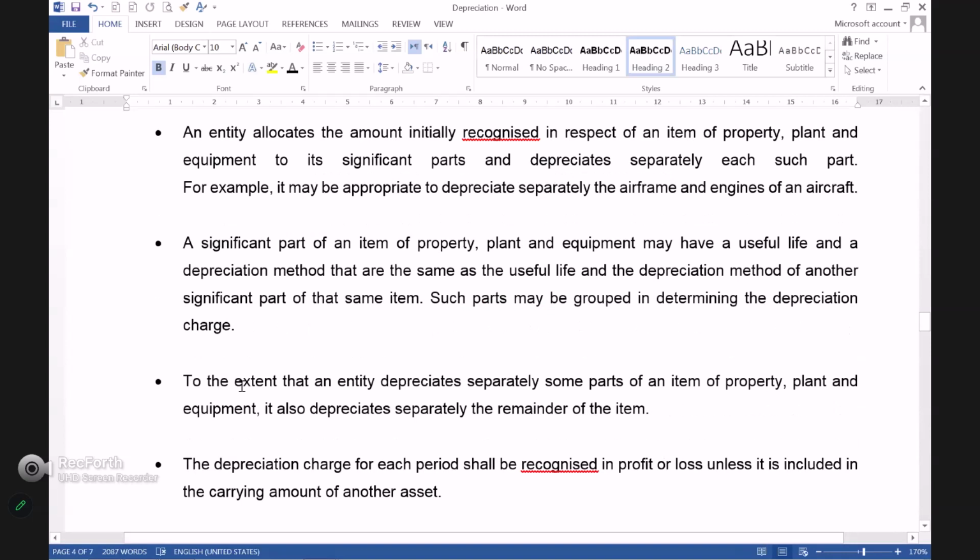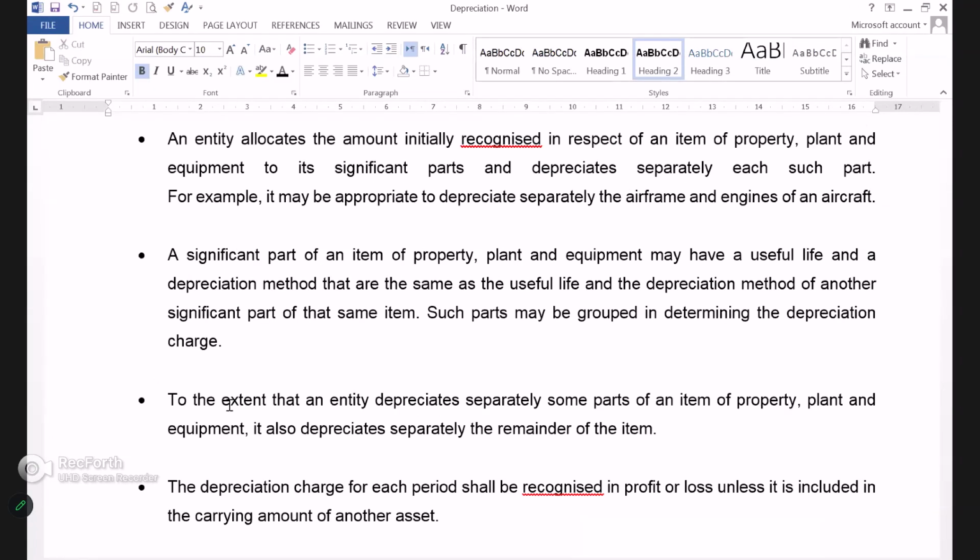A significant part of an item of property, plant and equipment may have the same useful life and depreciation method as another significant part of the same item. Such parts may be grouped to determine the depreciation charge.